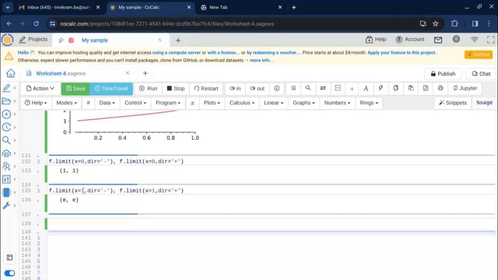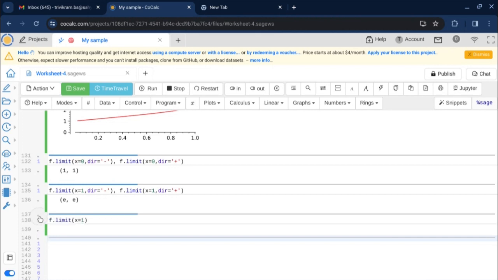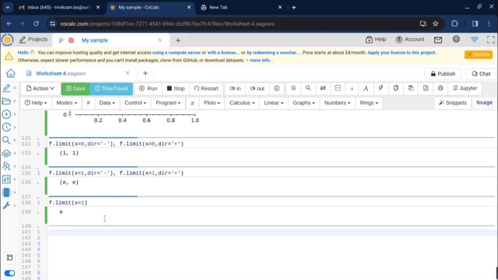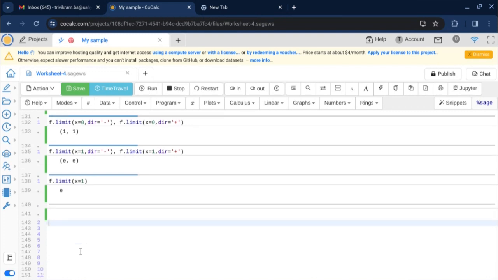And if you take the limit as x tends to 1, you'll get the limit as e. So the limit value at x equal to 1 is e. In this way you can find the limit of any function. So I have taken a total of 5 examples.